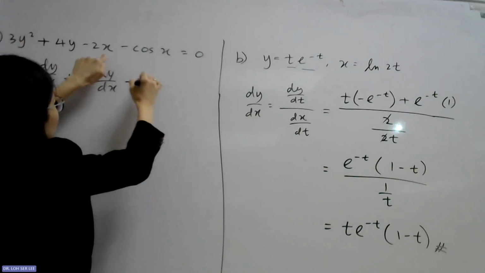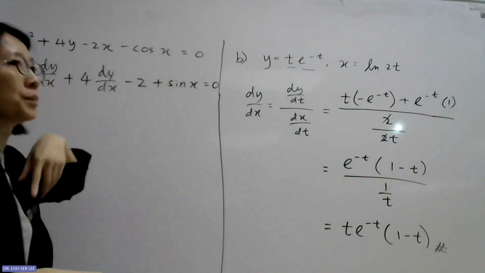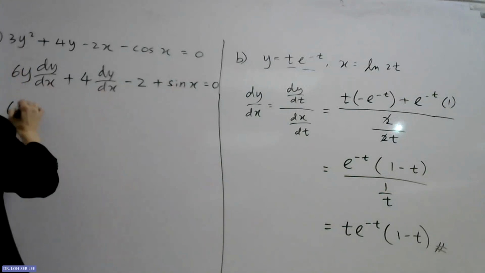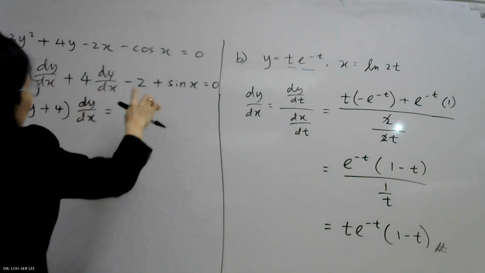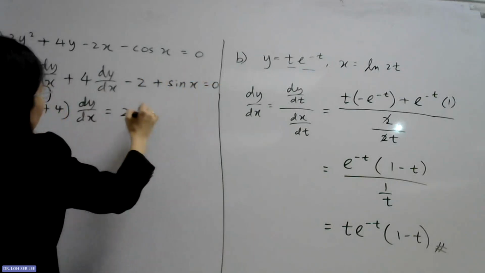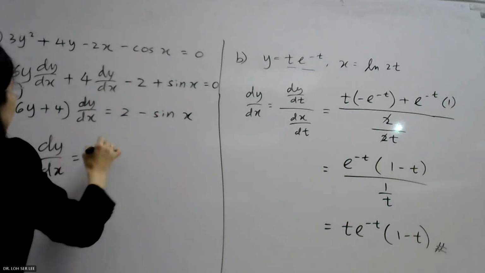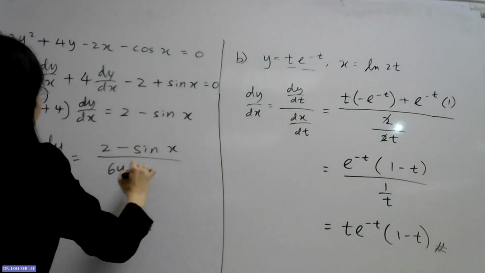This is x, plus sine x equals 0. Then we factorize this dy/dx. You get (6y plus 4) dy/dx equals, these two move to the right. Then you get your dy/dx over 6y plus 4.